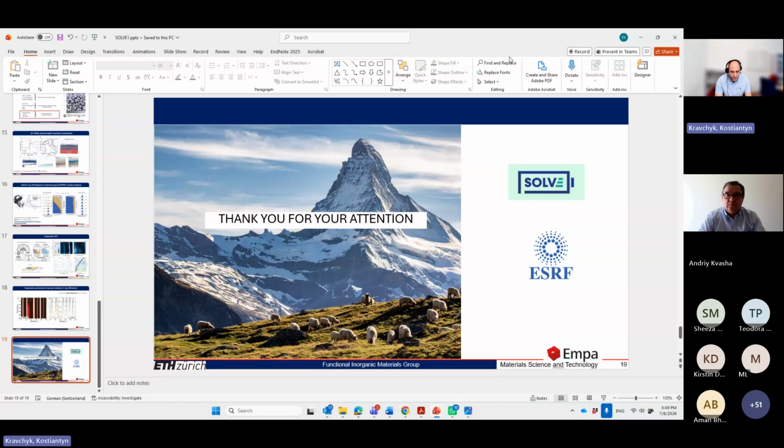For example, in our group, we are not buying lithium foils, so to say. We are buying lithium rods, quite thick ones, and we are cleaning these rods, and then we are cutting pieces which are very clean, and then we are making foils from this rod and use them to assemble batteries.